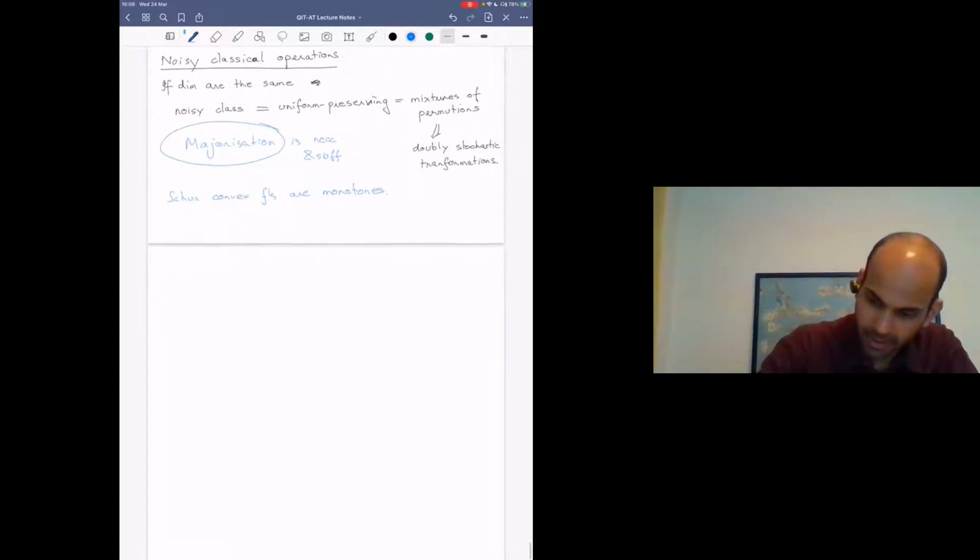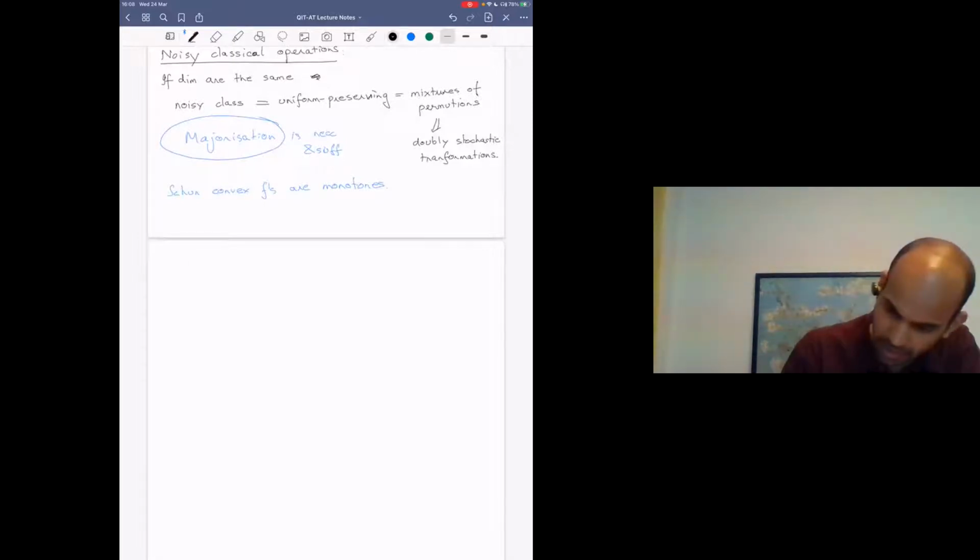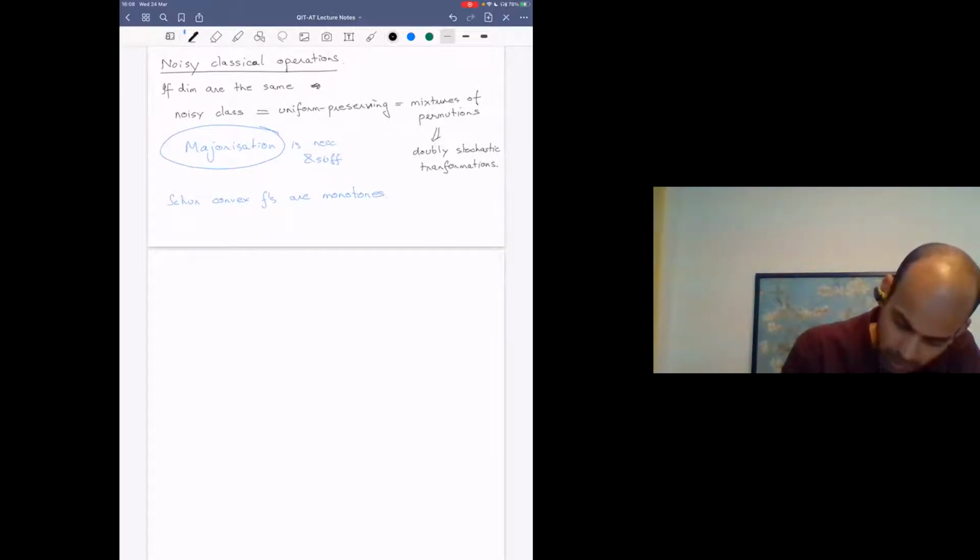Okay, so now we look at the case of what happens when we have different dimensions for the input and output states.